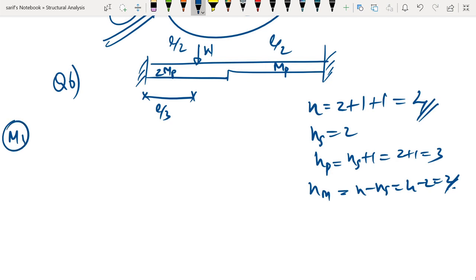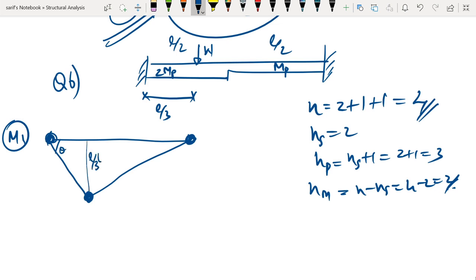If we consider mechanism number 1, we are going to assume that plastic hinges are obviously forming at the supports. In addition to that, let us assume a plastic hinge to form under the load. So if this is theta, this will be L by 3 into theta, and this angle will be theta.